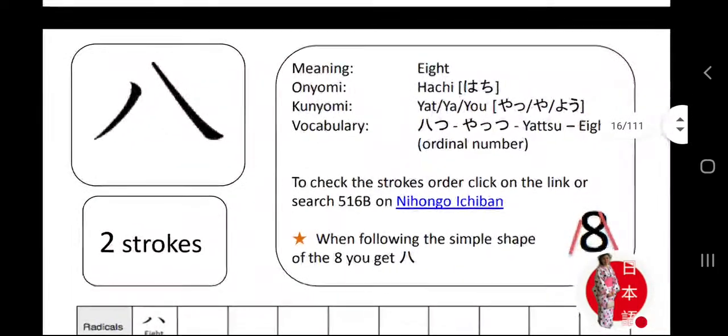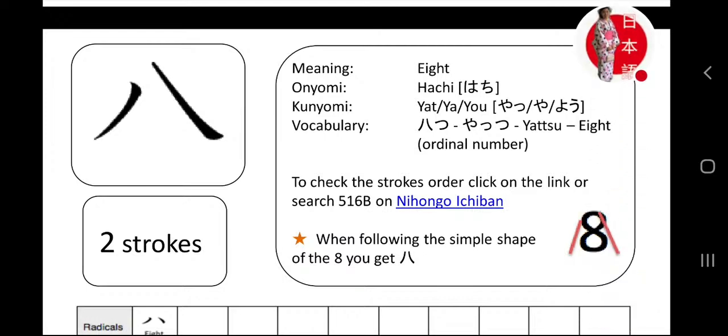Next, we have 8. This is 8, but you only have 2 strokes. Very easy. You can do this. As you can see, when you follow the shape of 8, you get this character, right? Please look at the star. So this is Hachi. Remember Hachiko? Yung movie. Hachiko.